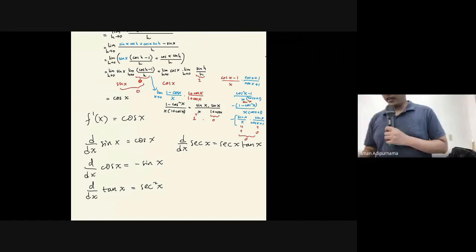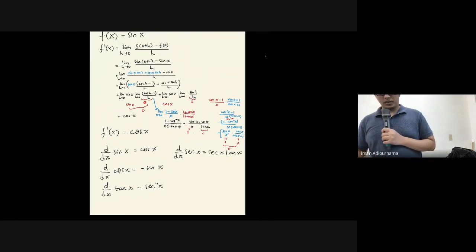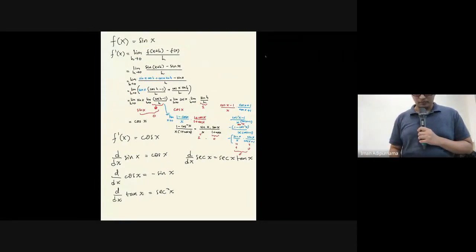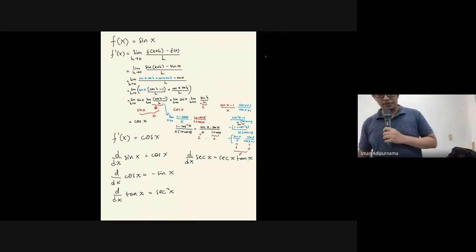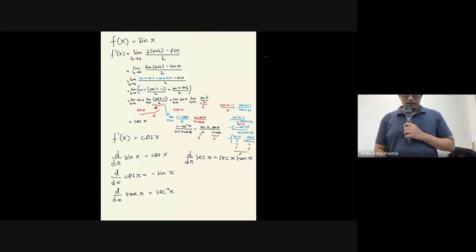Okay, the next one is the chain rule. So I think I will give you more content, and then maybe after several basic derivative tools, we can start several examples, and you can have exercises.